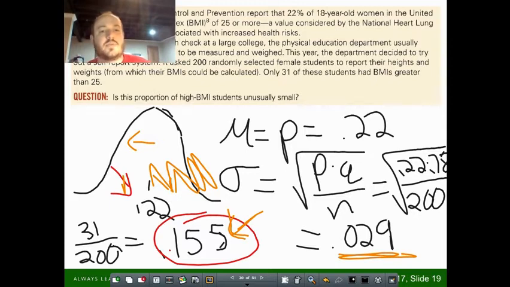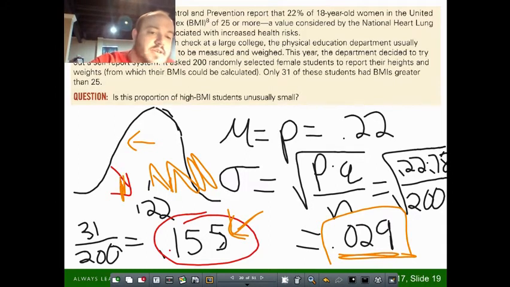But the 22, how do we go to the left? Well, we just subtract our standard deviation from that number. So if I do 0.22 minus 0.029, that's going to give me 0.191. So one standard deviation away is 0.191.